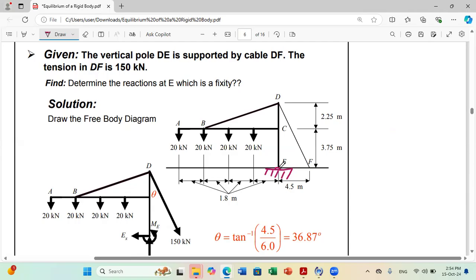So I have EX, I have EY, and I have a couple moment. I can assume a direction, so here I can assume the couple to be counterclockwise. This is ME.